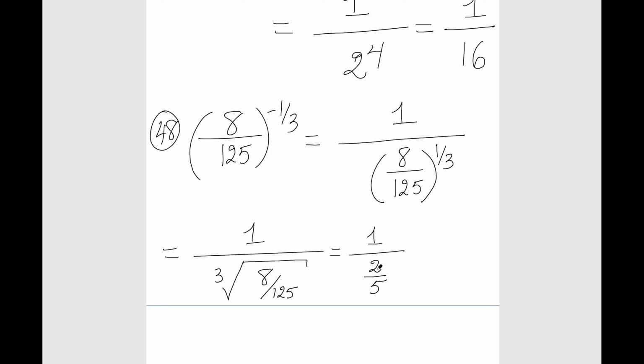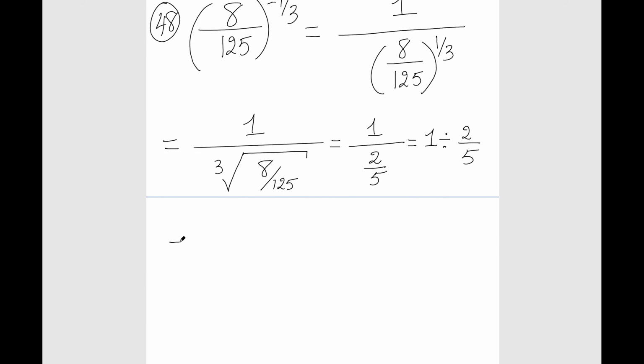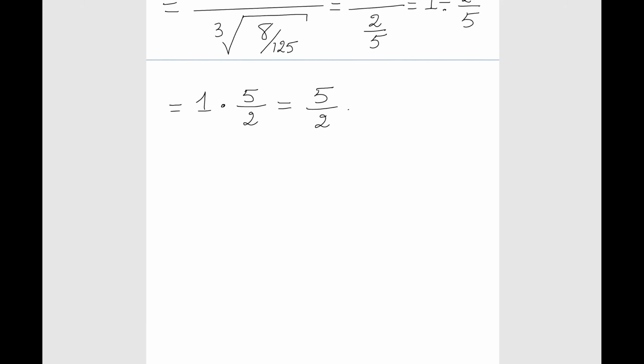So 1 divided by 2 over 5 is the same as 1 times 5 over 2. So this is simply 5 over 2, because 1 times anything is the thing. Okay, let's do 54.